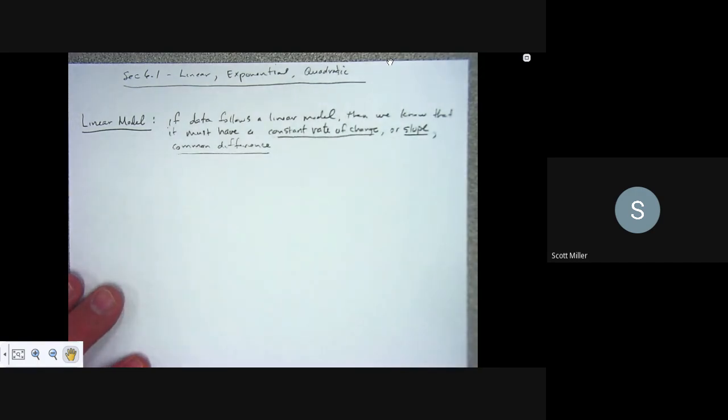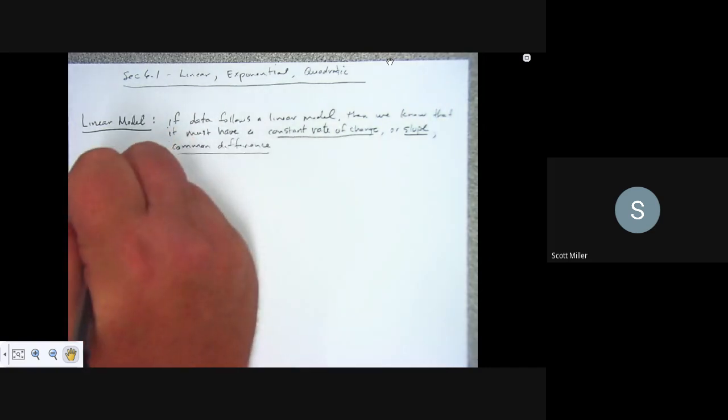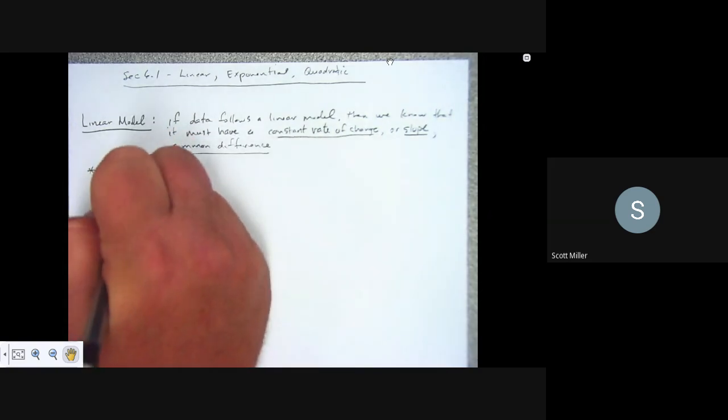Okay? So let's go back and look at one. In this lesson, they had another name to it, very similar to this one right here. So in this one, they're going to use what's called the first differences. The first differences.